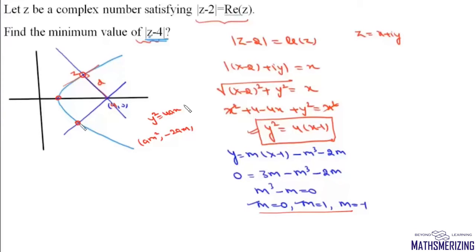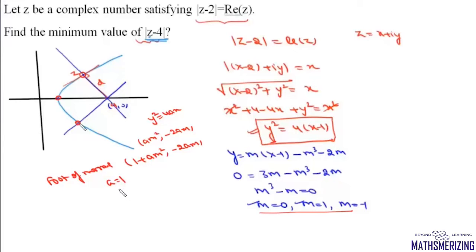But we have a parabola which is y square equals 4(x minus 1). So in this case, the foot of normal will be given by (1 plus am square, minus 2am). Now for this parabola, the value of a is 1.